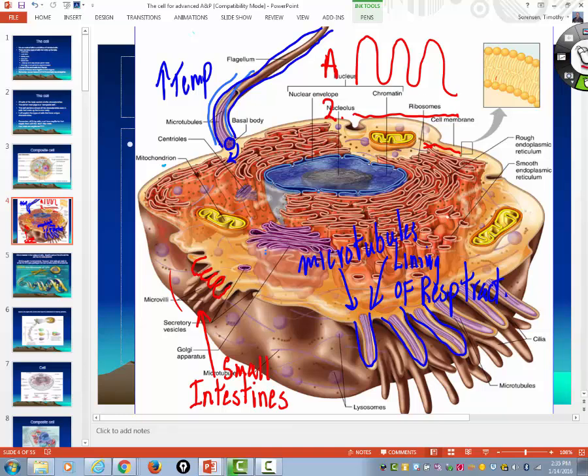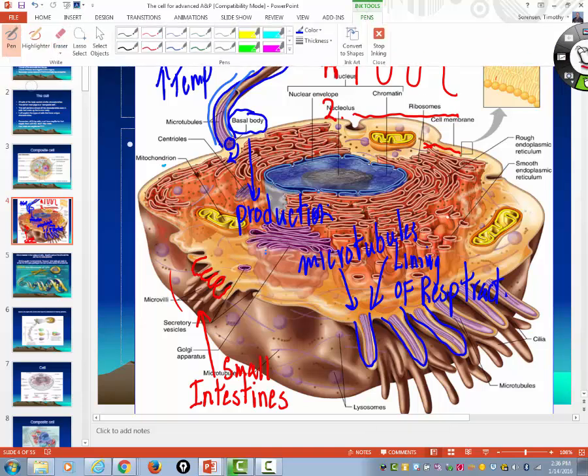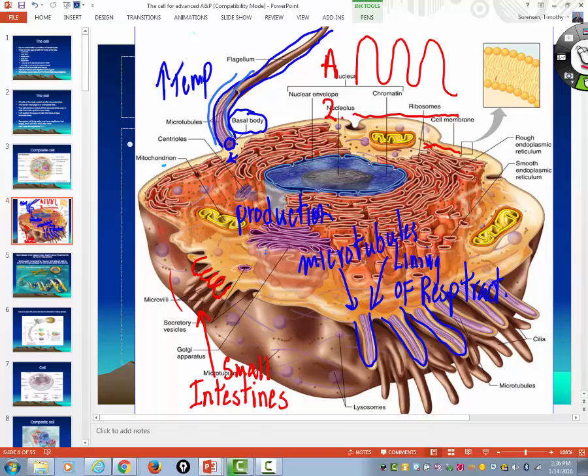Basal body, the basal body is the production site of microtubules, so that's where they're produced. And then you have these guys here, called the centrioles.